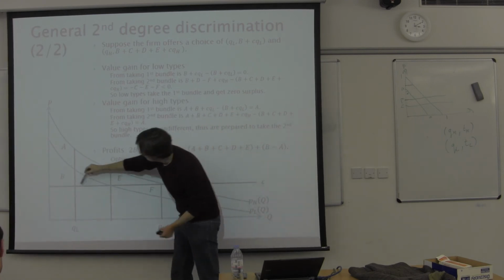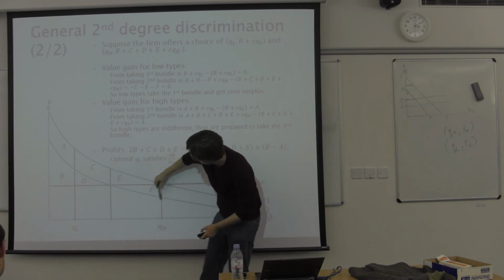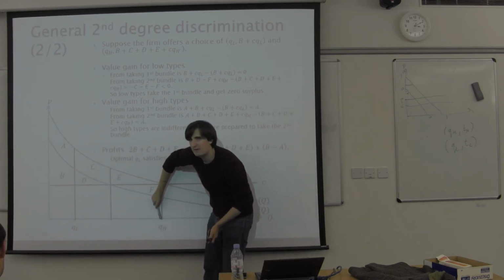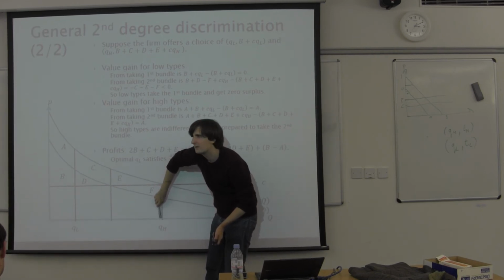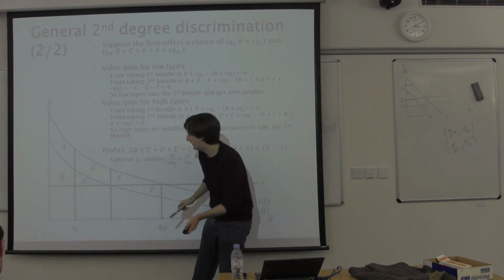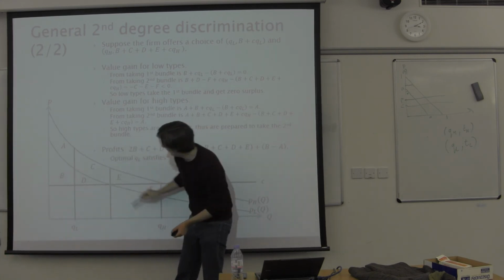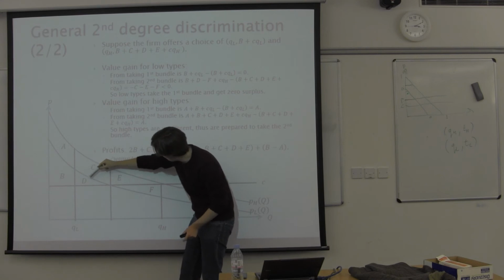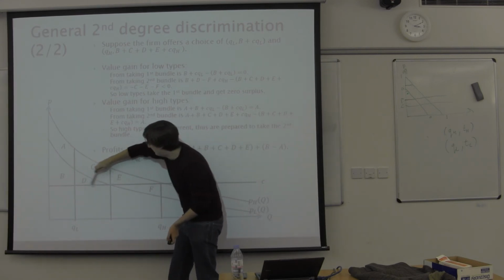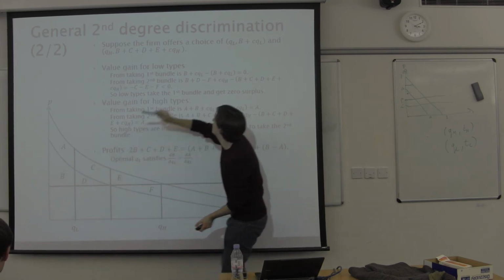That's the area of this big box, CQH, then we have B, and D, and then we have to take off this triangle F. So we get B plus D minus F plus CQH.